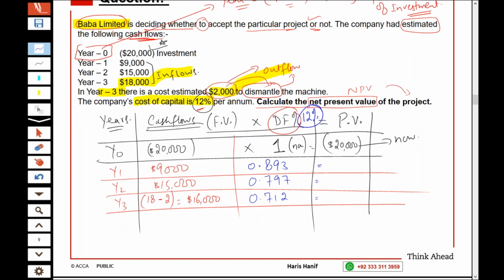Calculate the present value. 9,000 multiplied by 0.893 is 8037. 15,000 multiplied by 0.797 is 11955. 16,000 multiplied by 0.712 is 11,392.